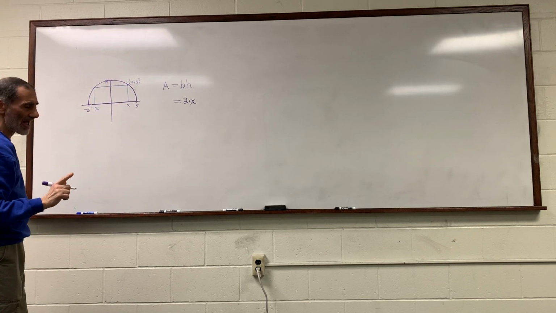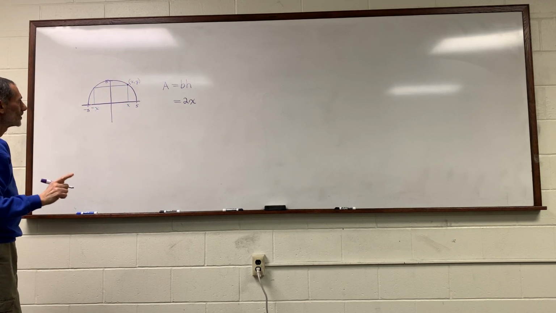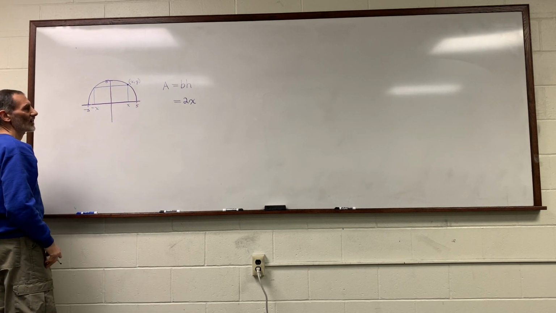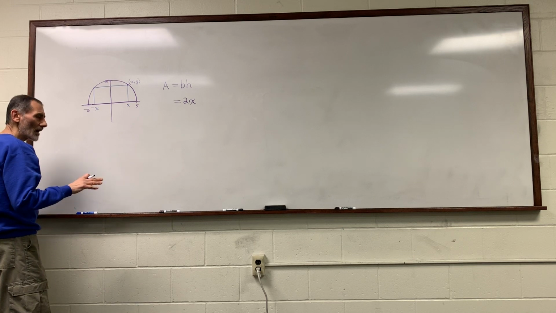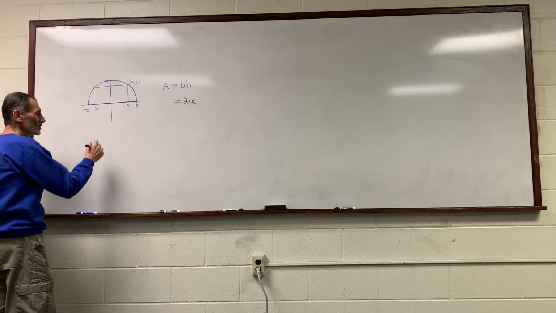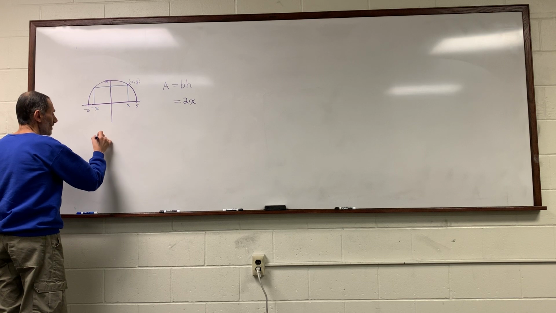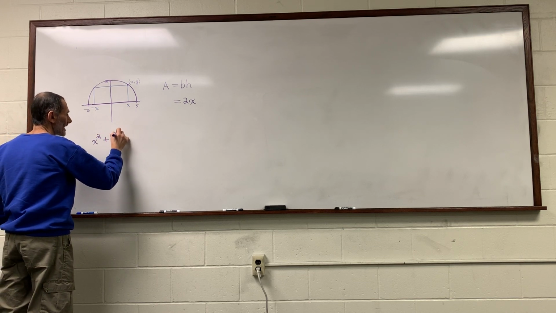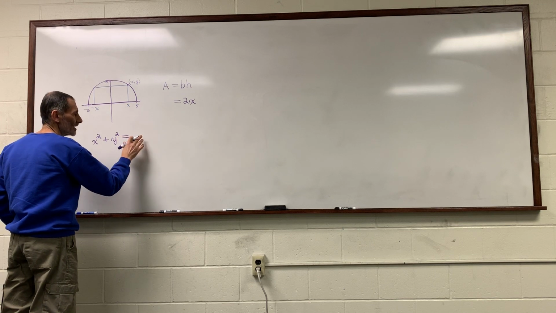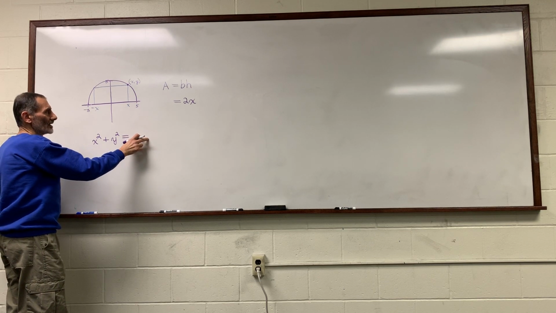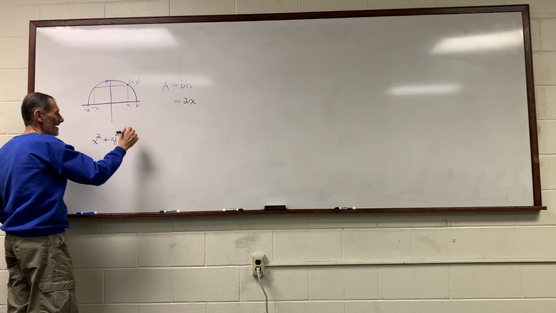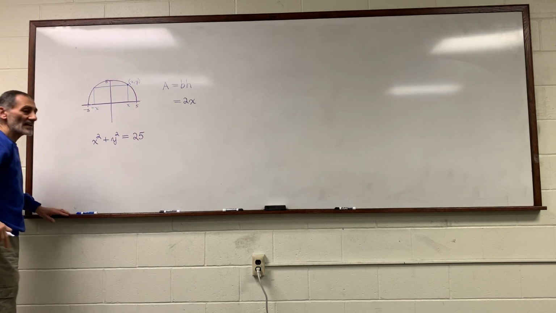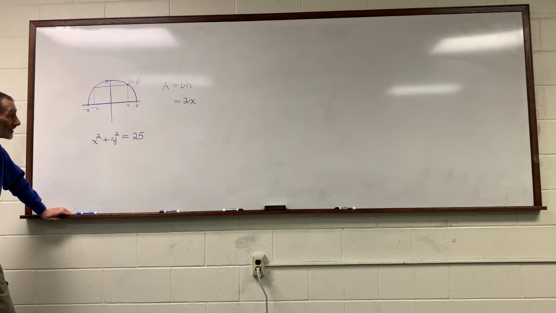It is the top half of the circle with, in this case, its center at the origin and a radius of 5. Going back to our pre-calculus work, we should remember that any circle with its center at the origin has equation x squared plus y squared equals r squared. Since our r is 5, the equation of this circle is x squared plus y squared equals 25.